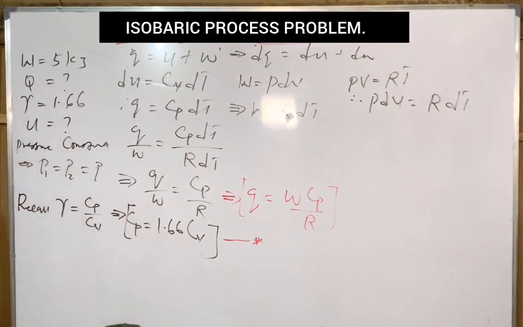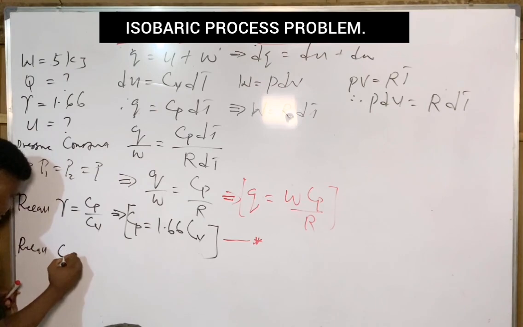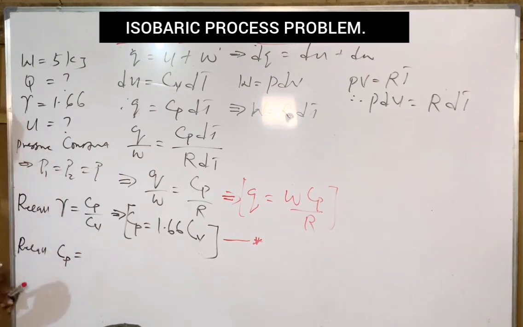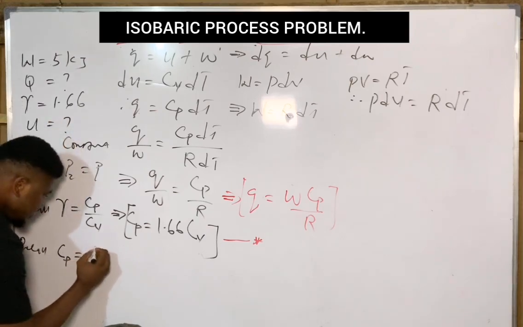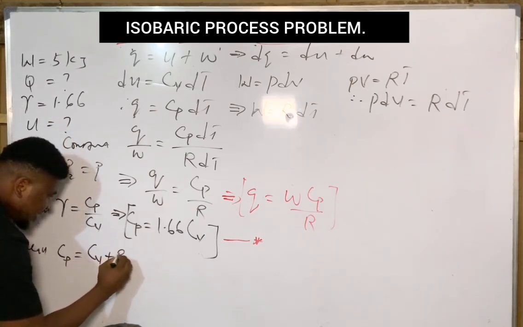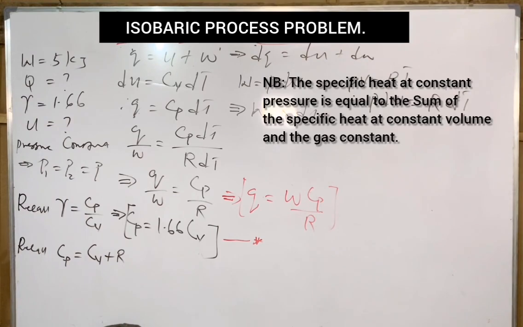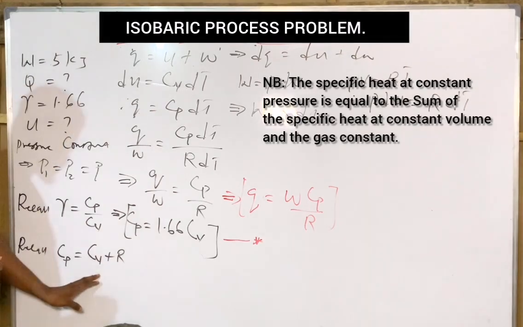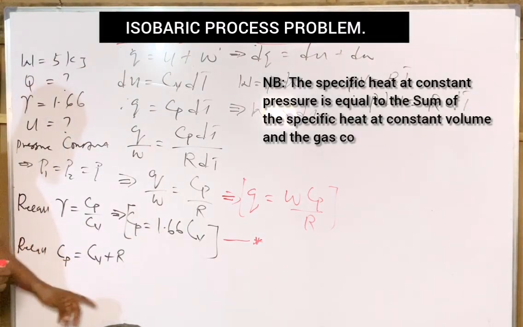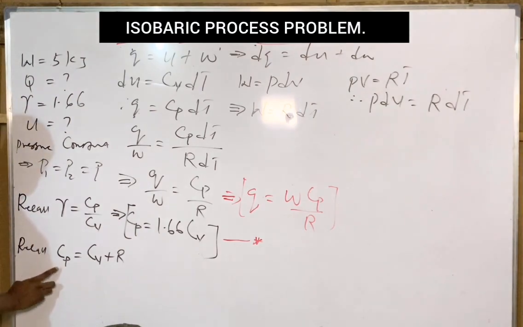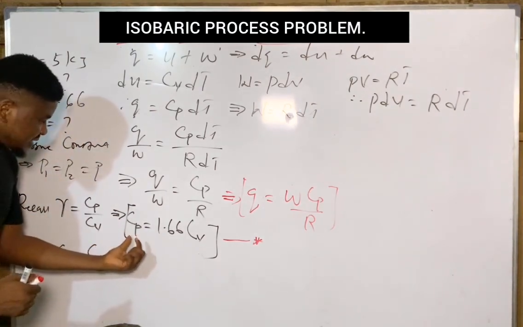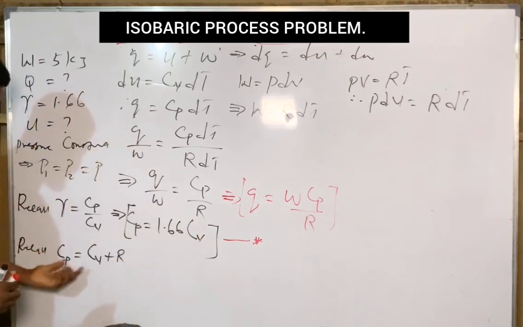Now you recall again, we said this in our previous video, Cp is equal to Cv plus R. The specific heat at constant pressure is equal to the sum of the specific heat at constant volume plus the gas constant. We found out that Cp is 1.66 Cv, so we can relate the two of them.